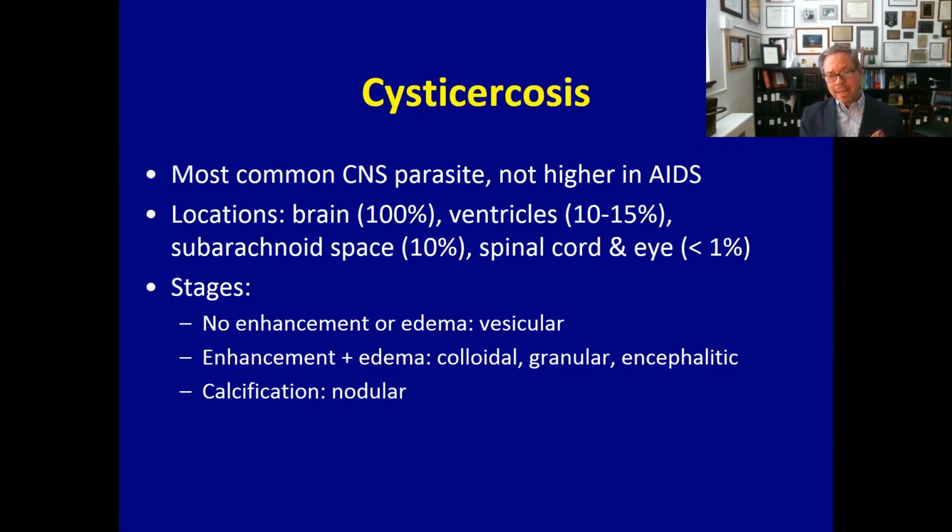Now, if you have cysticercosis that's disseminated all over the brain, you're going to end up with encephalitic cysticercosis with many lesions and diffuse brain edema. And if you leave the patient alone and let the parasite live its normal life, all of these parasites will eventually die and calcify, and this is what's called the nodular stage of cysticercosis.